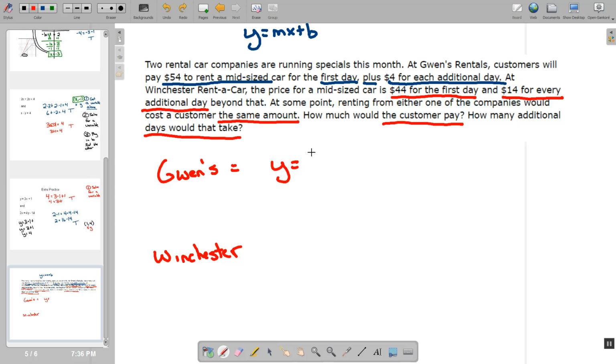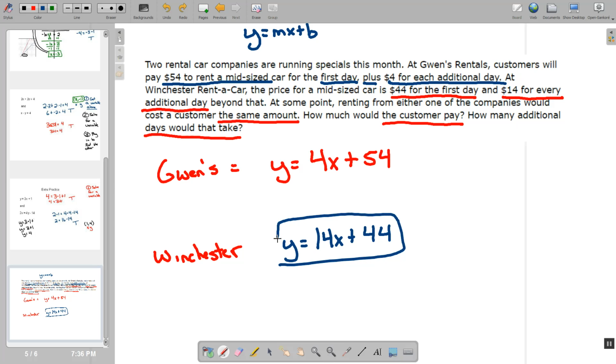So I think Gwen's is going to be 4x for our slope plus 54. Winchester, on the other hand, will be the same setup. 44 for the first day and 14 for each additional day beyond that. So now we have our two equations.